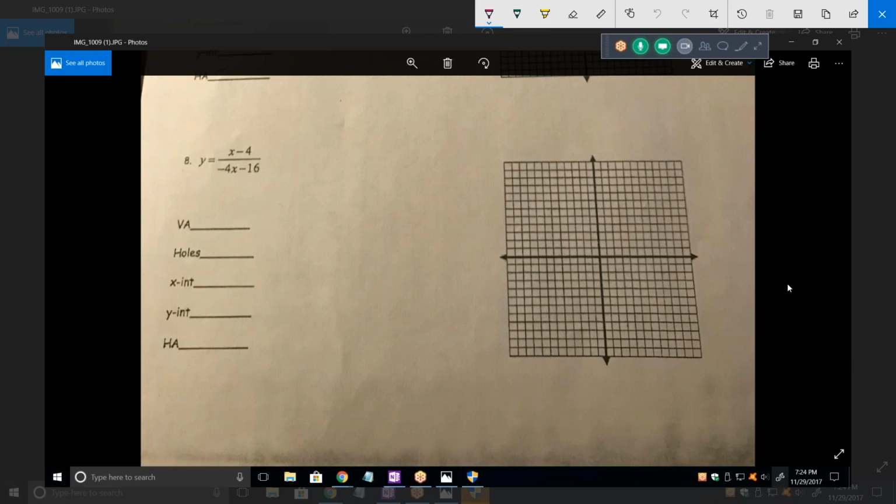But this one. Vertical asymptote. So 4. Okay, no. 4 makes the numerator 0. It doesn't make the denominator 0. So, what do you mean? Well, you have to solve this equation.